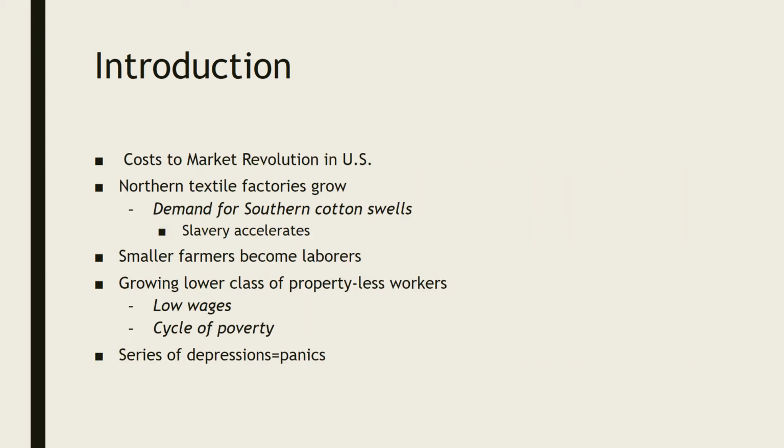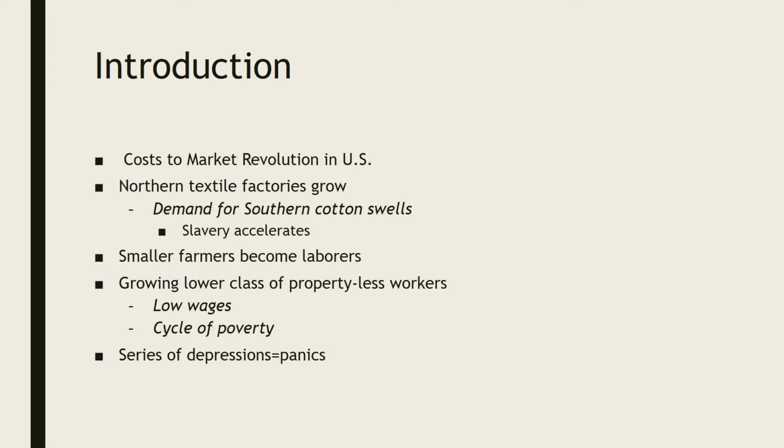There are costs, however, to the market revolution in the United States. As northern textile factories grow, and textiles are really going to be the first big industry in the United States, the demand for southern cotton is going to swell because how are you going to make textiles? You need materials for it. And we just so happen to have cotton plantations in the South.